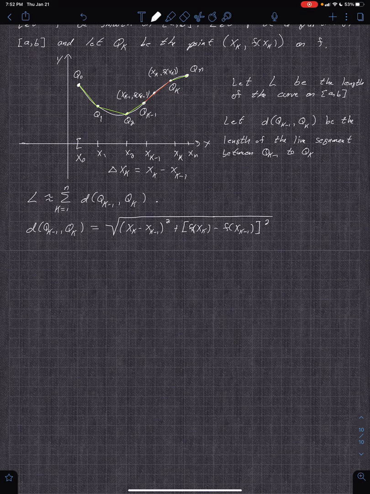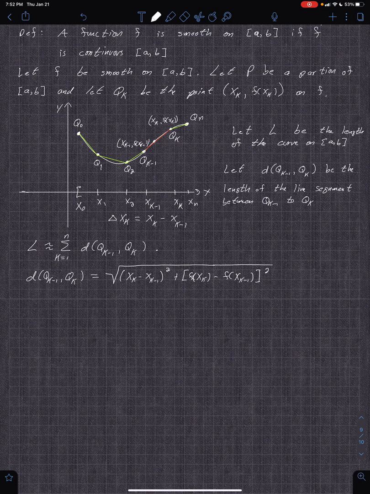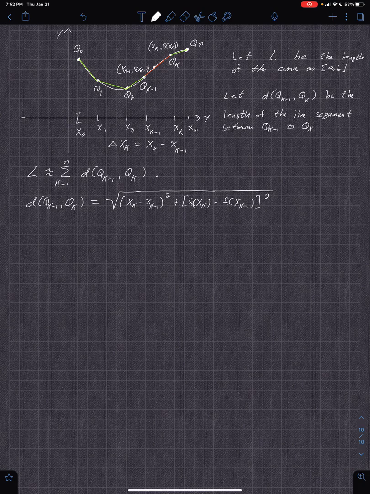Now we're going to apply the mean value theorem. The mean value theorem says if f is continuous, then there exists, well, let me just write it out for you, and then we'll talk about it.